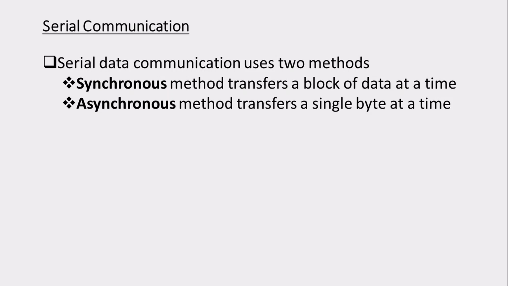That means a single byte, 8 bits of data, at a time, whereas there is no restriction that we need to transfer only 8 bits or only 16 bits in synchronous. Why is this restriction not present in synchronous? As the name suggests, synchronous.